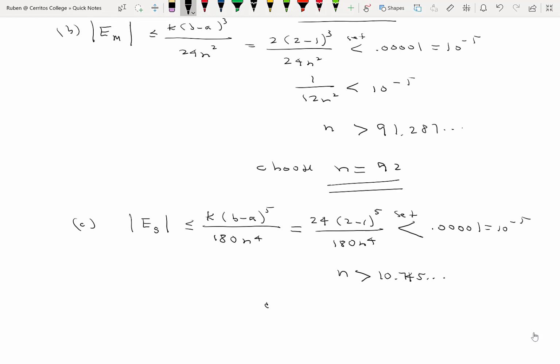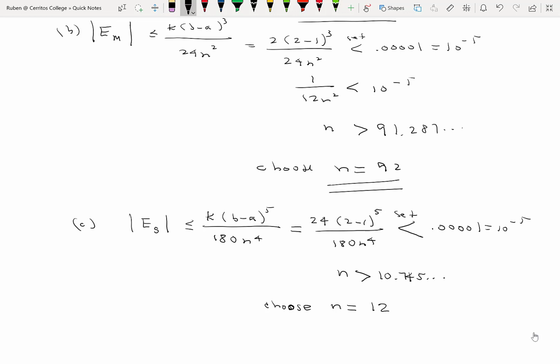So I'm going to ask you to think about this. Now be careful. 50% of the time I get the wrong answer. What should I choose as the number of subintervals? If you thought 11, that's wrong. You want to give it another shot? It's Simpson's rule. For Simpson's rule, n has to be what kind of number?